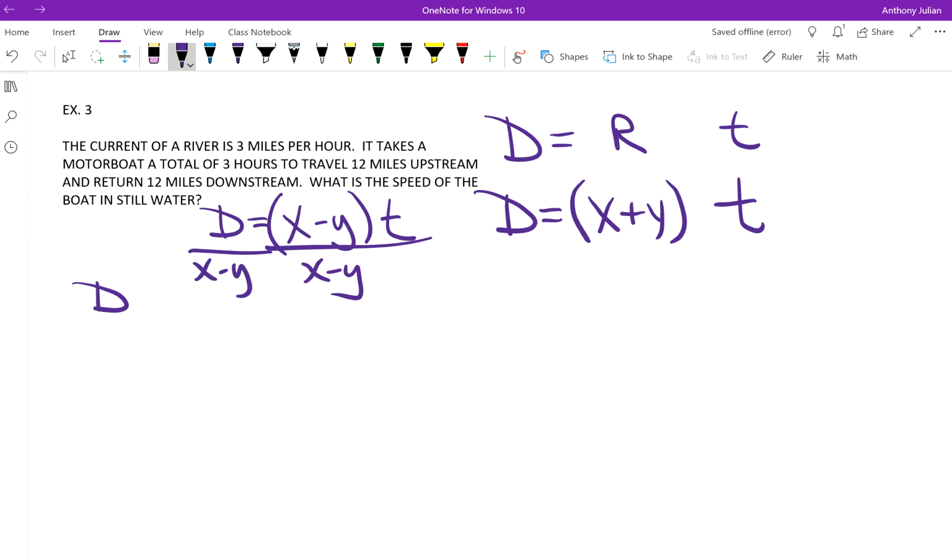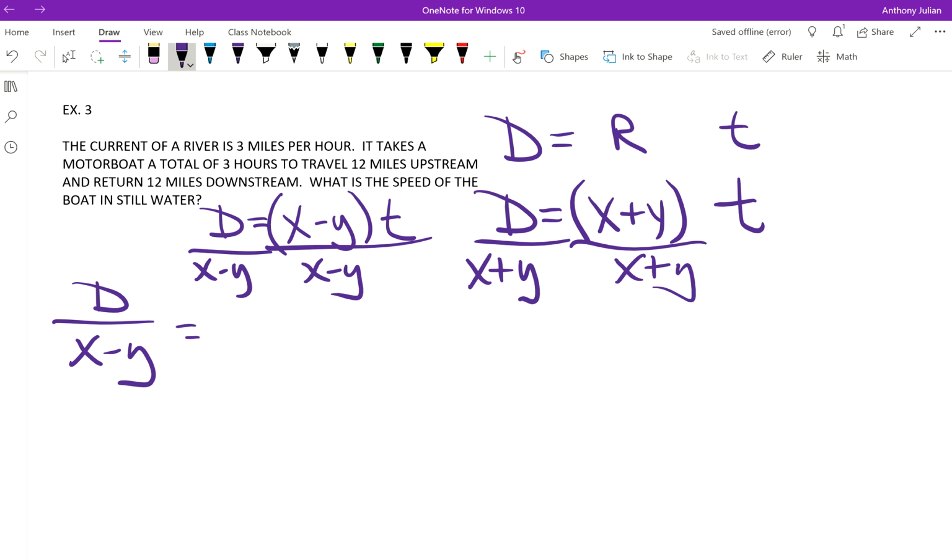So I've got distance over x minus y, and that's going to equal this right side over here. I'm going to divide by x plus y. All right, and then what am I going to have here? These cancel out, and t is going to equal d over x plus y.